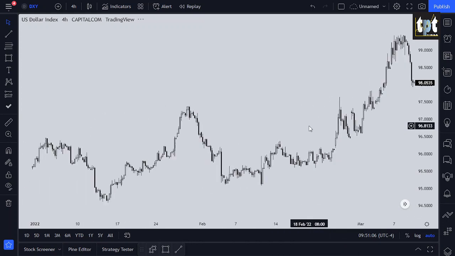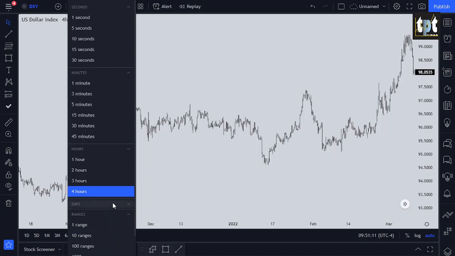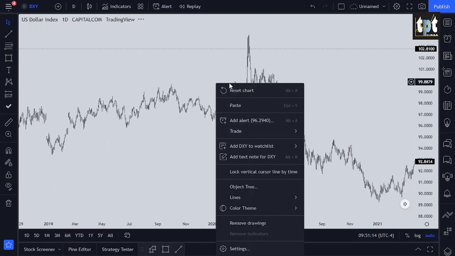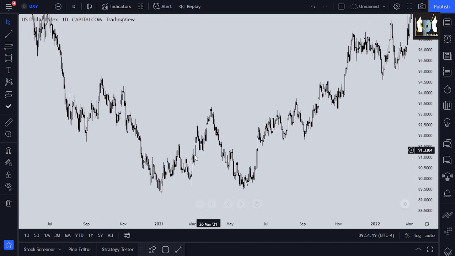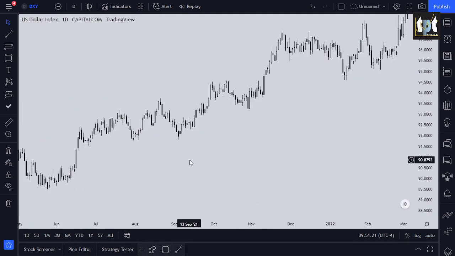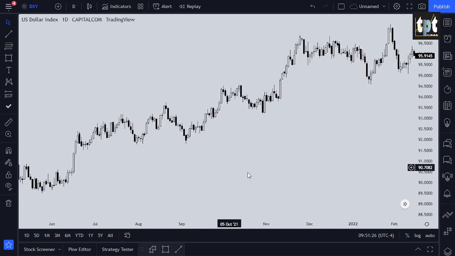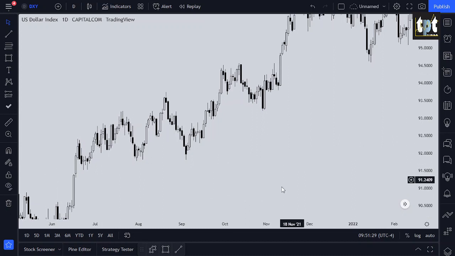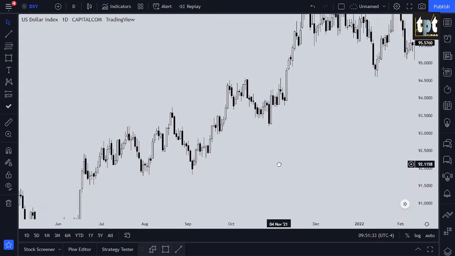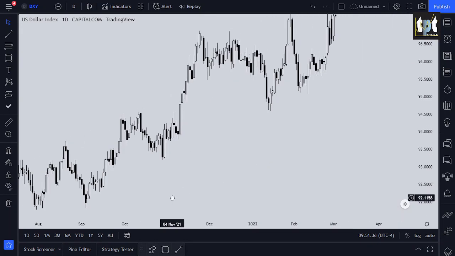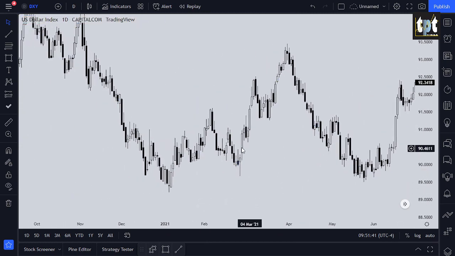Now the dollar index, I want to draw attention to this, so that I can save on time. The dollar index, if it is not here, we can, it is here.